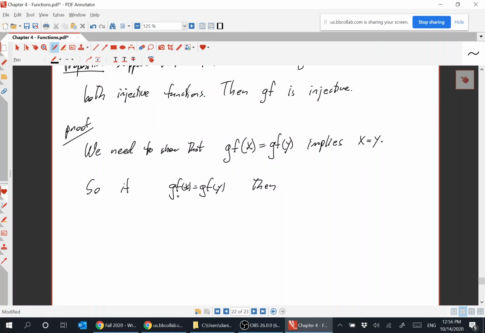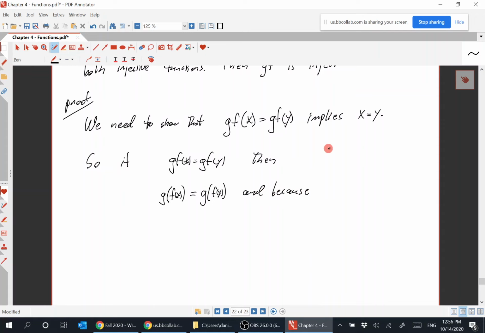Take the function f and then plug that answer into the function g. Right, so how do you write that? g of f of x is equal to g of f of y. And that implies f of x equals f of y.